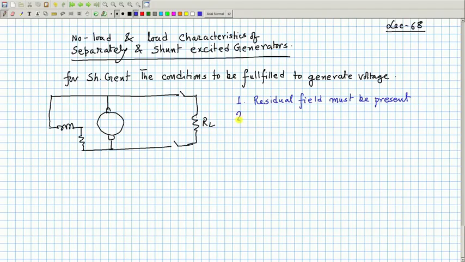Second thing is that armature and field windings should be connected in such a fashion that, for a given direction of rotation, the field current must assist the residual field.